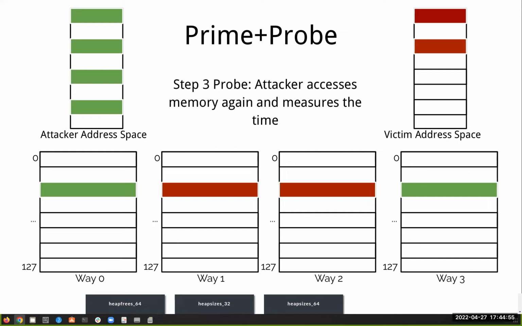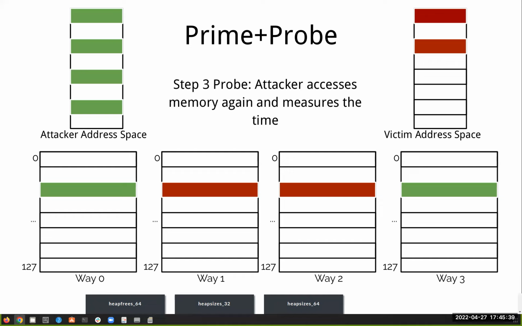Given your crypto key, it will look up some tables and decide what calculations to be done. And that's a big table. The table has many items. Which item to use in that table depends on your key. So if the attacker knows what items in that table you are accessing, then I can somehow reverse engineer your key. That's the basic idea. It's not trying to slow you down, it's trying to figure out what memory address the victim is using.